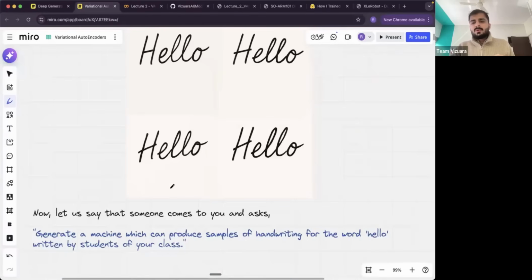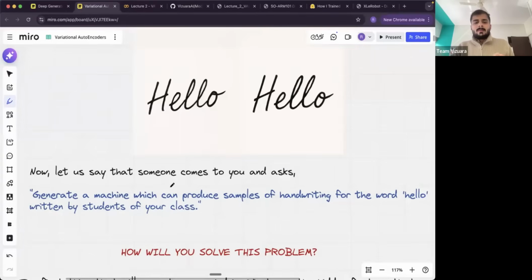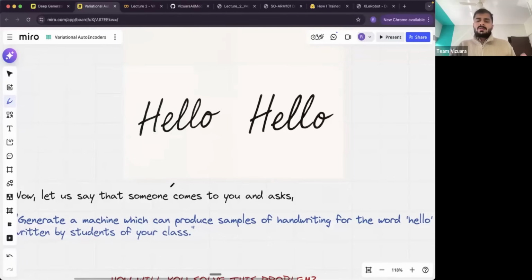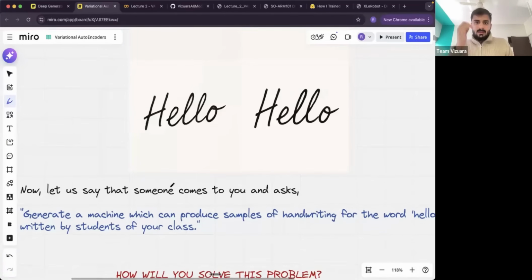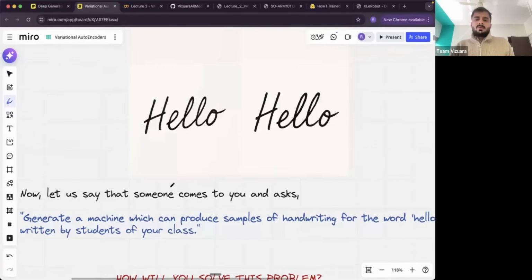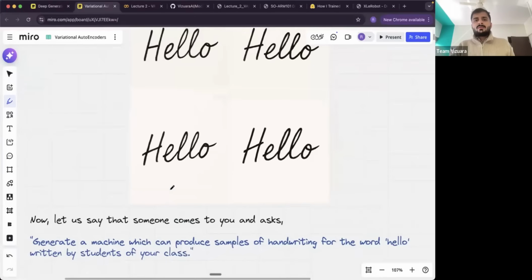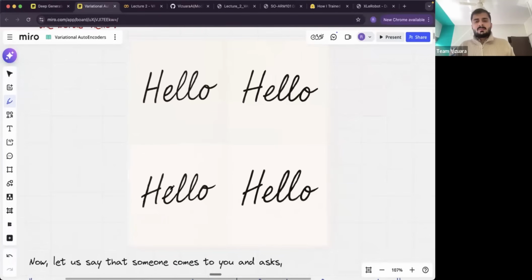Now, if someone comes up to you and says, create a machine for me which can produce samples of handwriting for the word hello written by students of your class, how will you do that? This question itself is somewhat challenging because there is so much variation in the writing style of the students.